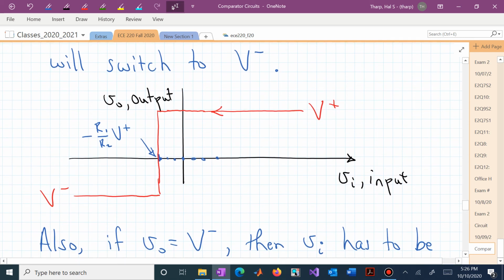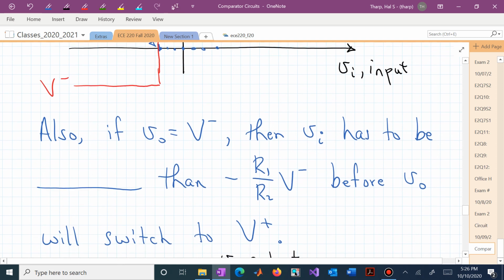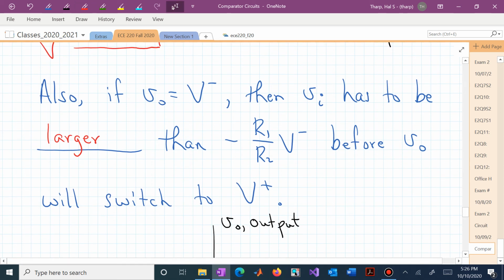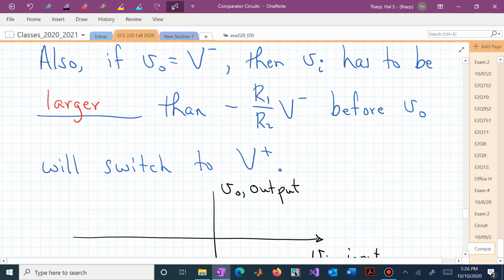Contrast that with if we started with our output at the negative supply rail, V minus, then V sub I has to be actually larger than minus R1 over R2 V minus. So now we're assuming that V minus could be negative, but it's now going to be a negative of that value of V minus before V naught will switch to V plus.